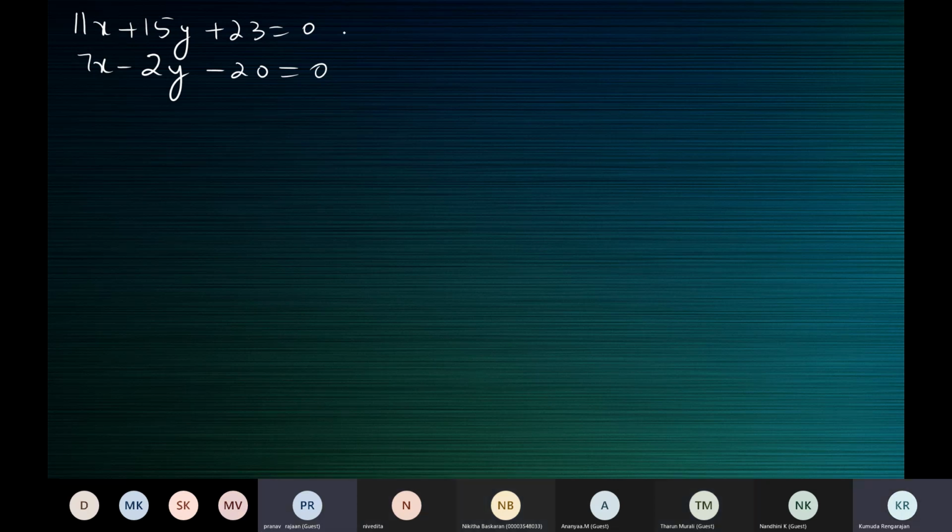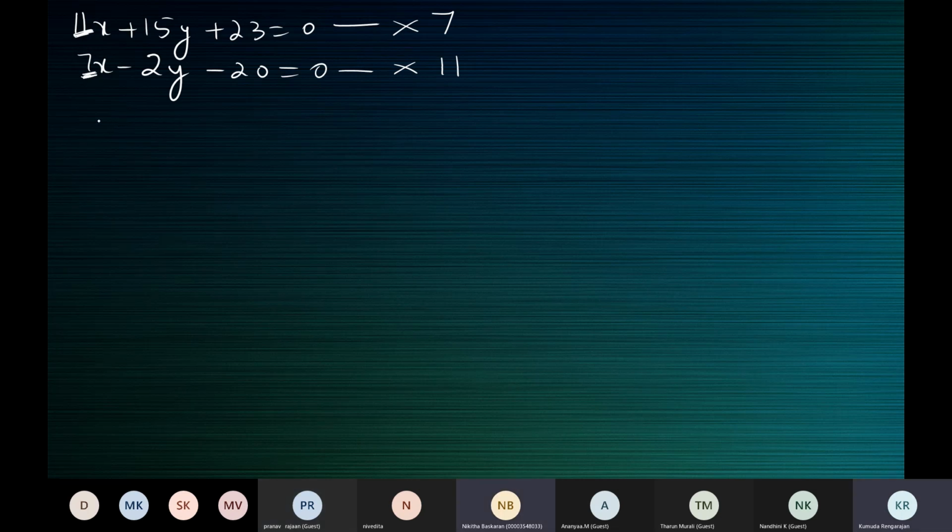That means you must bring both these numbers to 77. So you multiply the first equation by 7 and the second equation by 11.